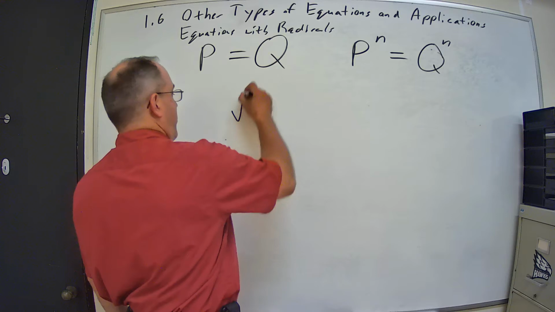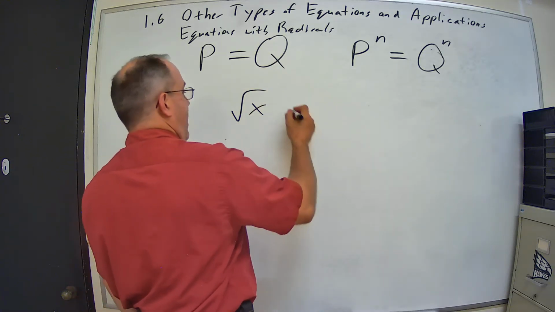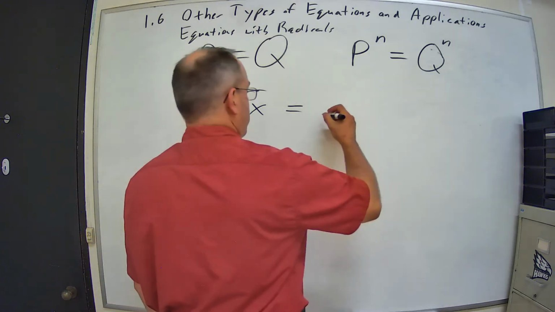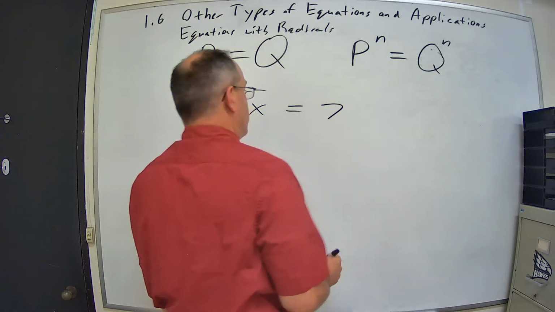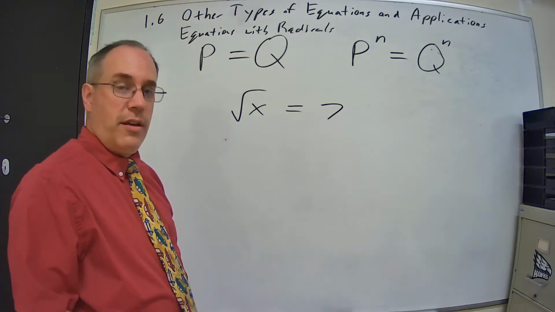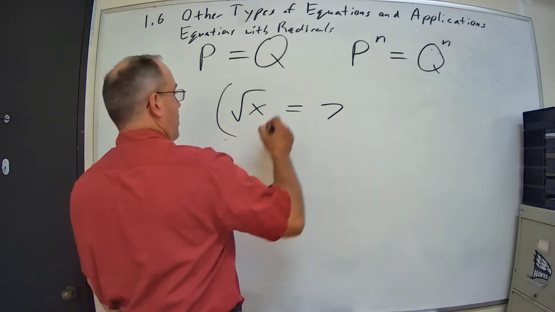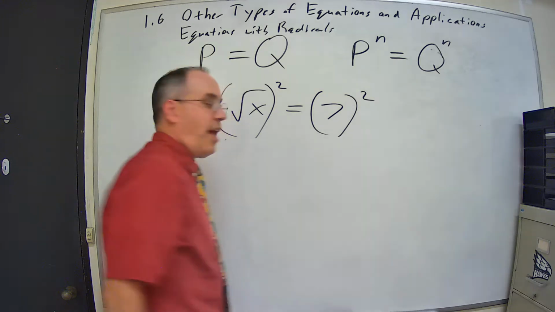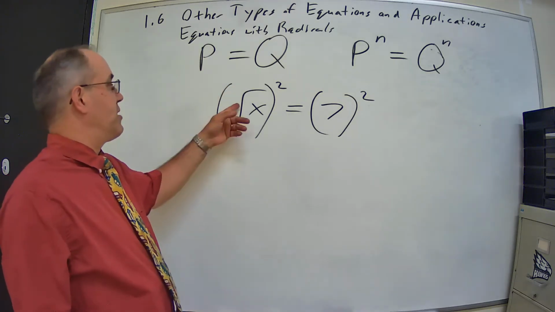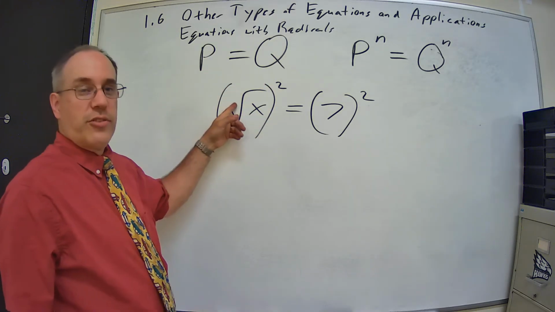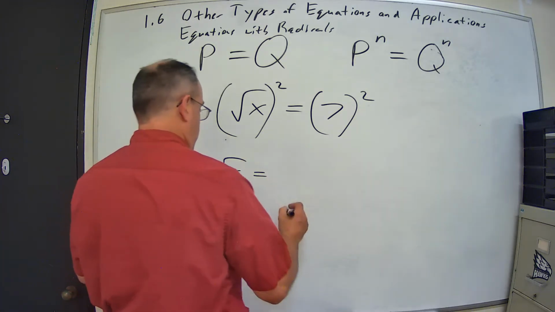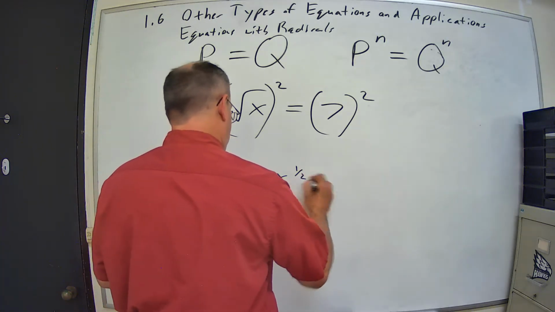Meaning if I have the square root of x is equal to 7, then I can just square both sides. I raise the power to cancel this out, because remember, the square root of x is the same as saying x to the 1/2.